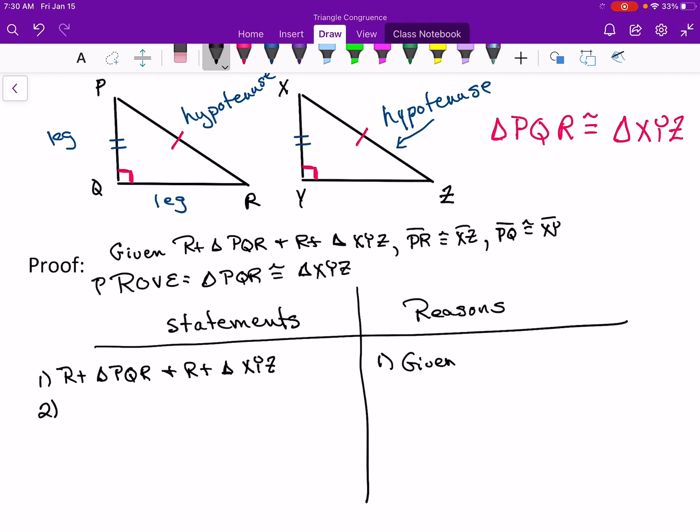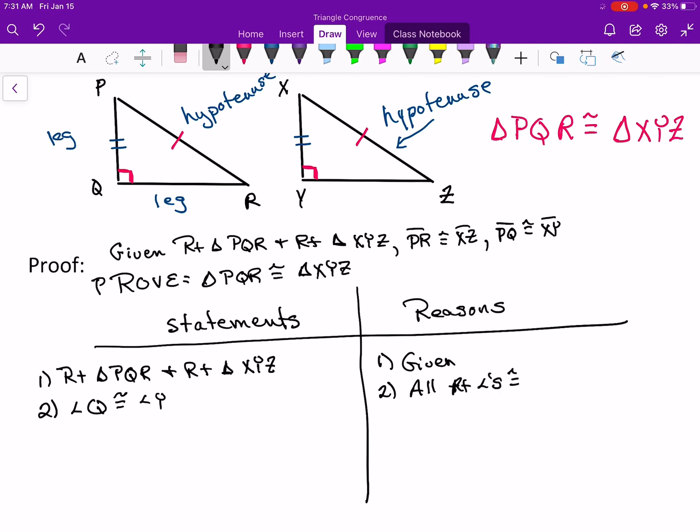Because this is a right triangle, I'm going to state that angle Q is my right angle. Actually, we can see from the diagram, so we're just going to say angle Q is congruent to angle Y, because all right angles are congruent.